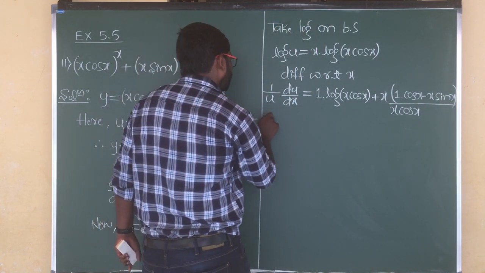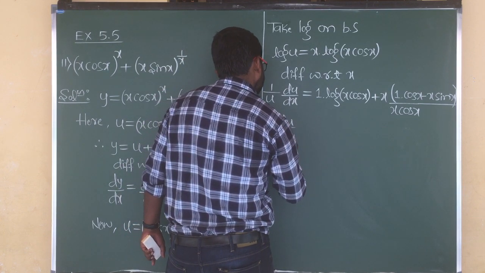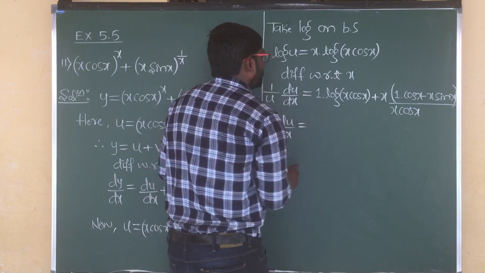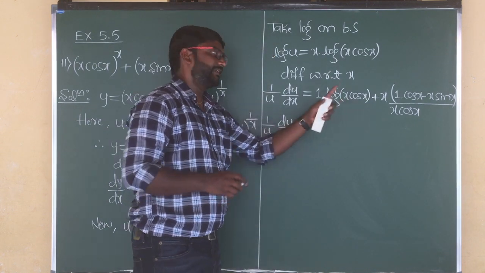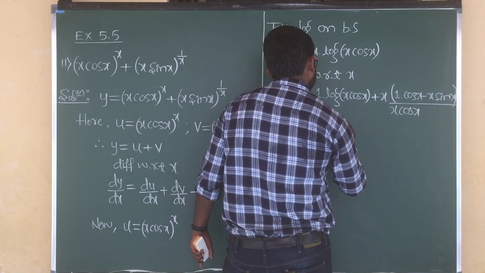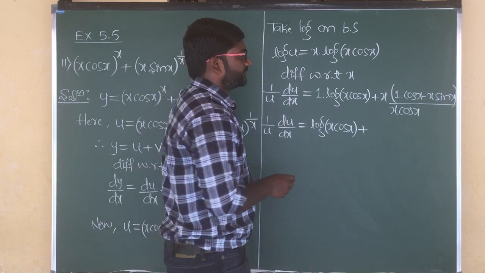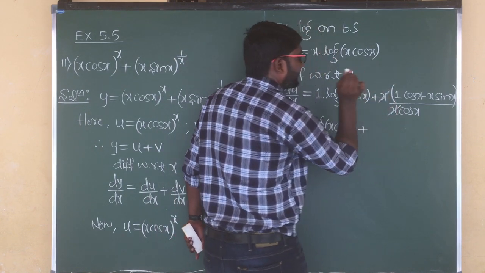So now see here, 1 by u du by dx is equal to 1 into log of x cos x plus, now x and x get cancelled.